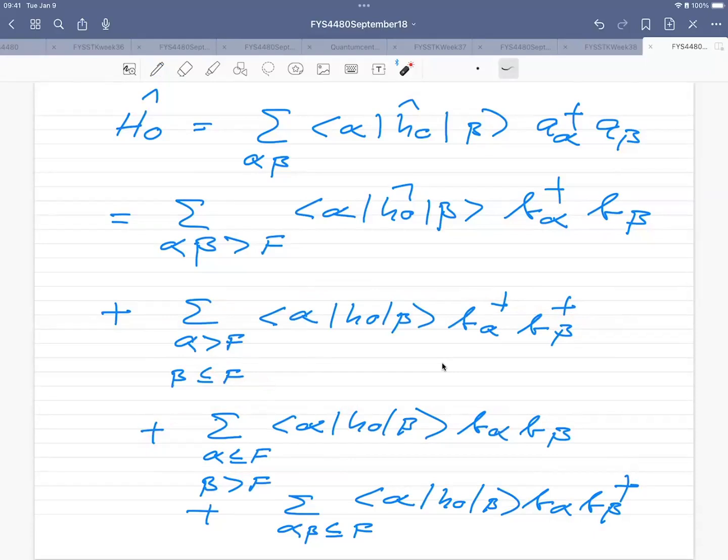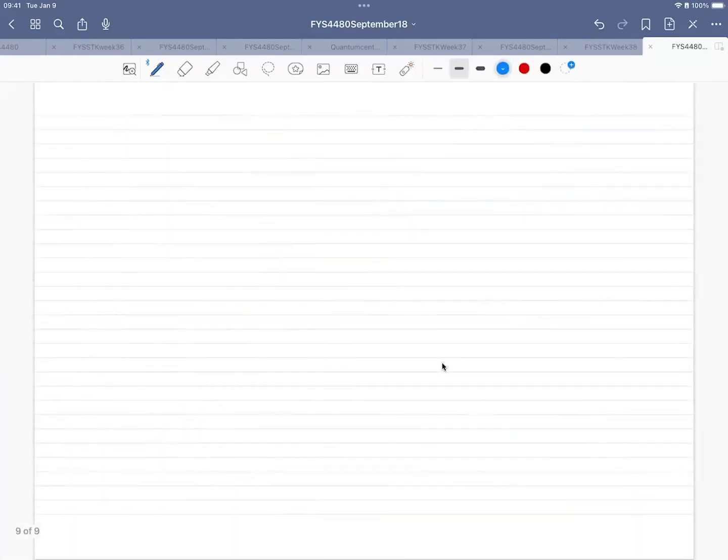So that means that we can just interchange alpha and beta here because they are just summation variables. And you can call them whatever you want. So I'm just going to manipulate this expression. And then this expression here, I'm going to rewrite in terms of the commutation relations. So if we do that, then we are going to get a new expression. So let's just put it up.